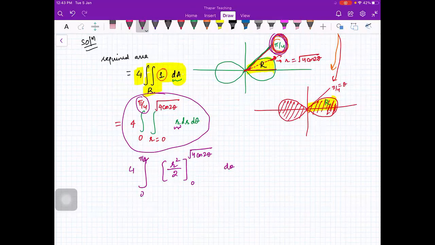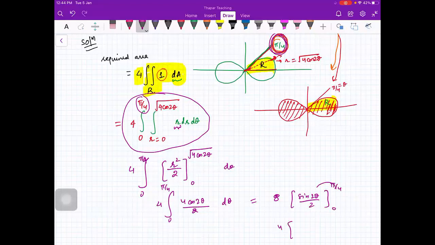So this will be 4 cos 2 theta by 2 d theta, 0 to pi by 4. So this is 8 sine 2 theta by 2, 0 to pi by 4. So this is 4 times. When you put pi by 4, you will get 1 minus 0. So 4 is your answer.